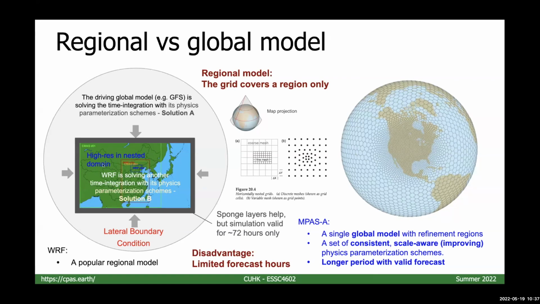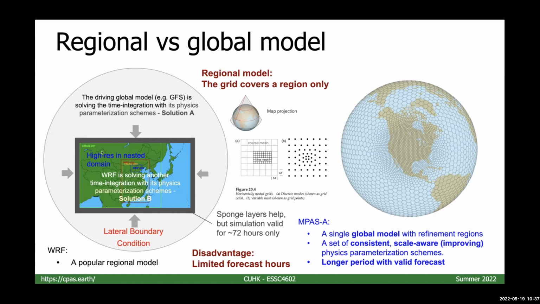And for your regional model, like WRF, usually you have higher resolution inside. So the choice of the physics parameterization schemes is usually a set that will do something good for finer resolution. So it can be a different set of physics parameterization schemes from the global driving model.